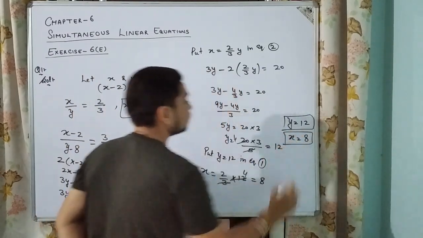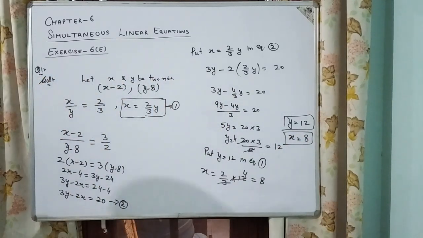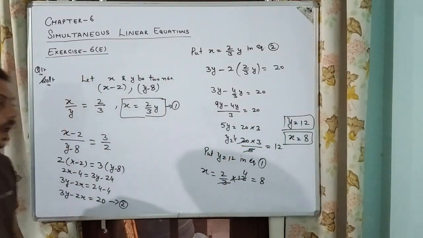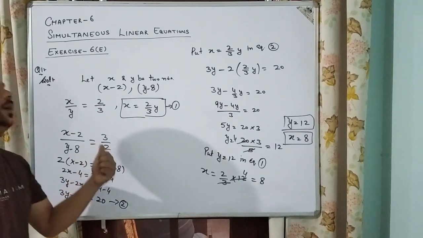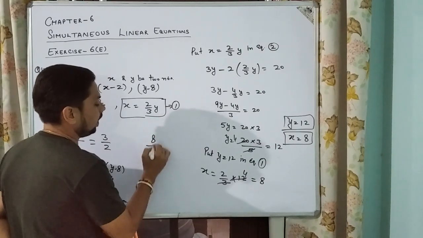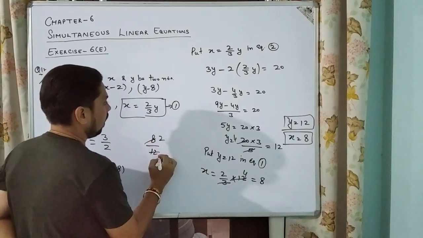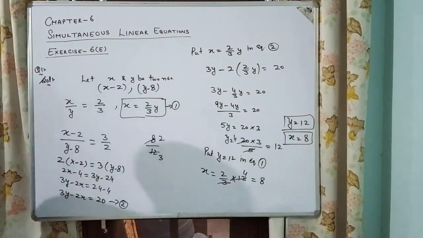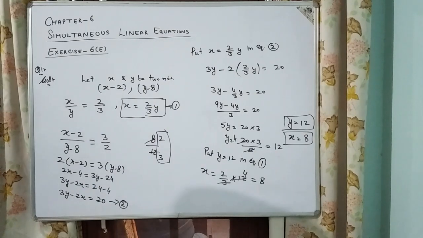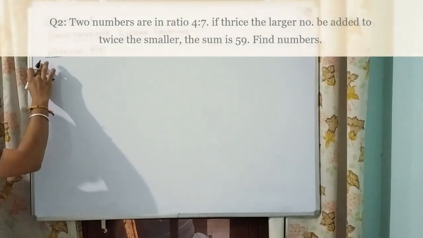The required numbers are 8 and 12. And if you find the ratio of 8 by 12, it will give you 2 by 3, which is the first statement of the question. Question number 2.